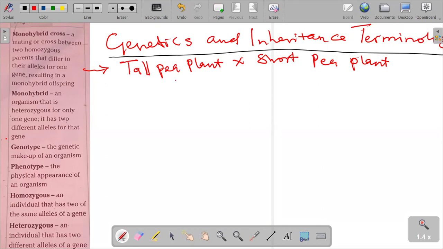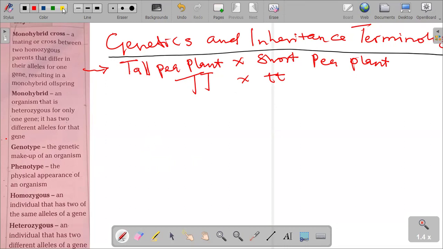Their alleles are the same. The tall plant is homozygous dominant, and the short plant is also homozygous, which is homozygous recessive.